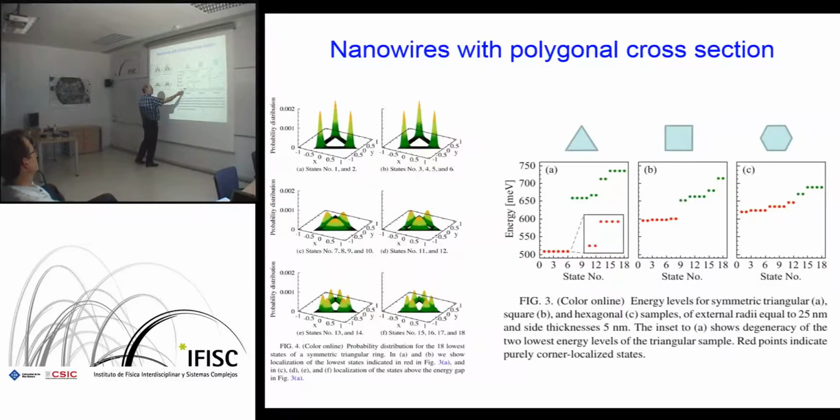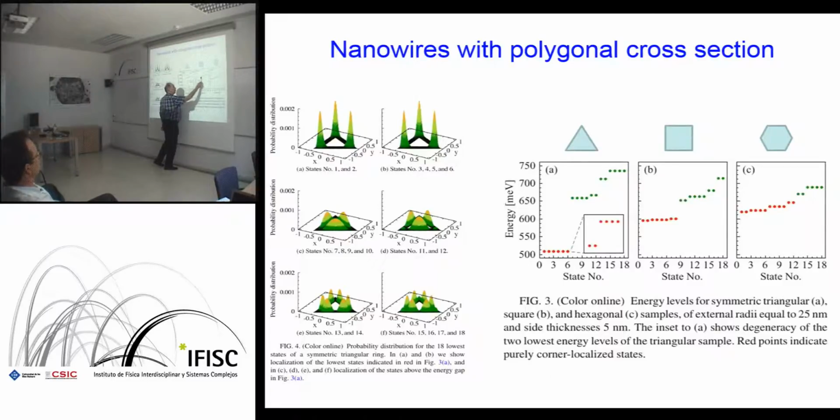Then we have something like 120 meV between the corner states and the side states. If you have a larger one, then you can have 60, 50. This is an energy separation that is huge compared to the energy spacings which you have in a circular ring, which are typically milli-electron volts.